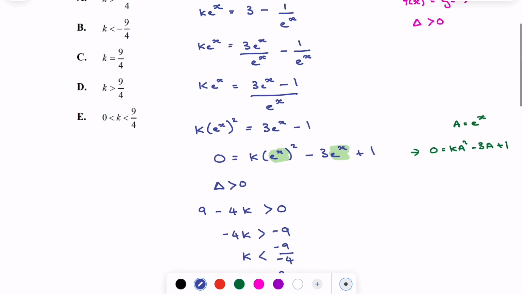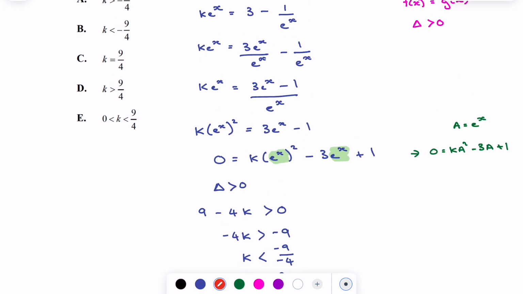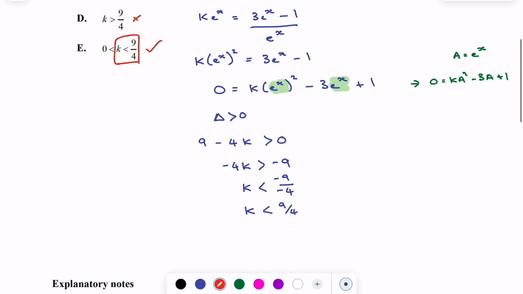Now I'm going to have a look at my options, and I can see in my options this is not working, this is not working, this is not working, this is not working, but this condition can work with that. We're going to explore why k is greater than 0, but I can definitely tell from everything else that that matches up with this. So I'm going to assume E is going to be my answer.